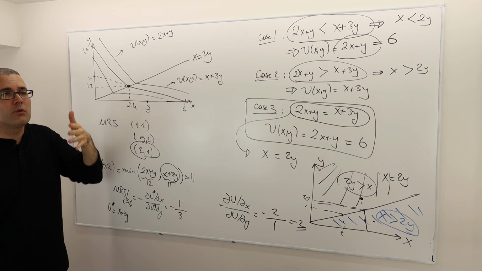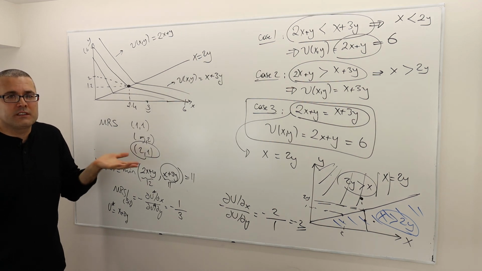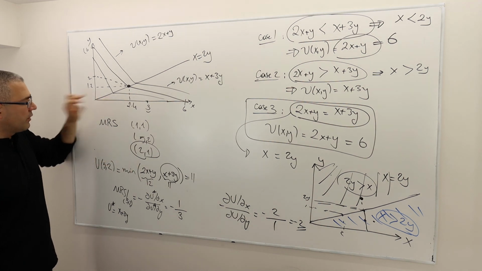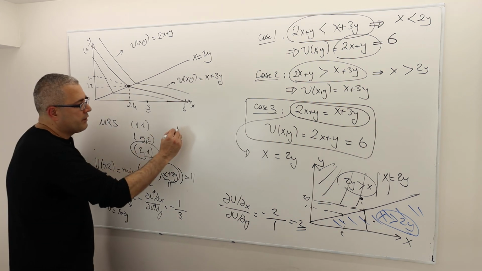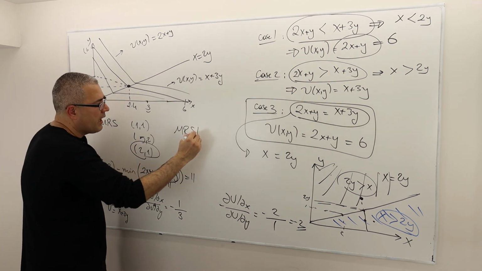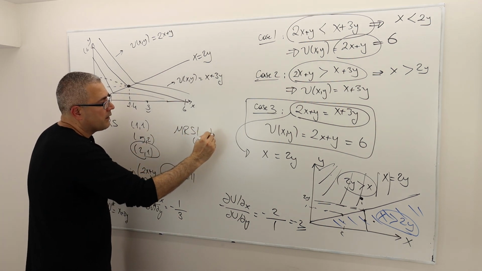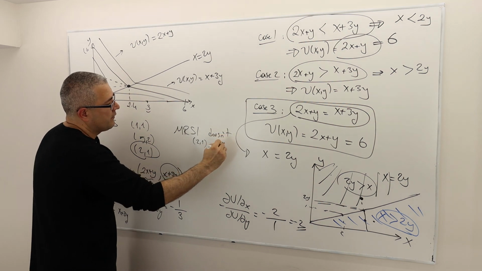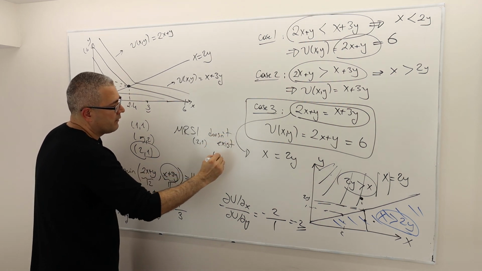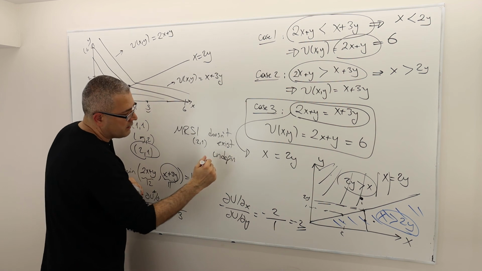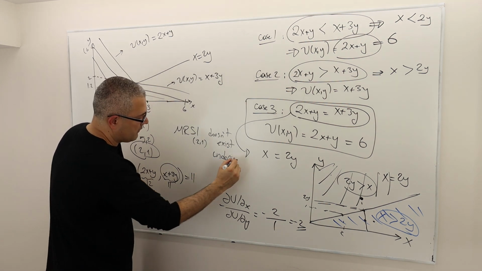These are the points where the derivative doesn't exist. So therefore, the marginal rate of substitution at 2, 1 doesn't exist, or is undefined.